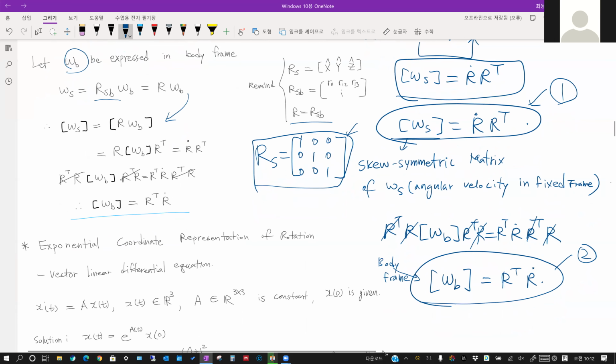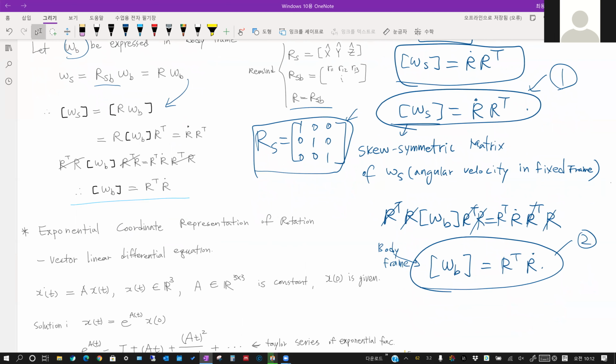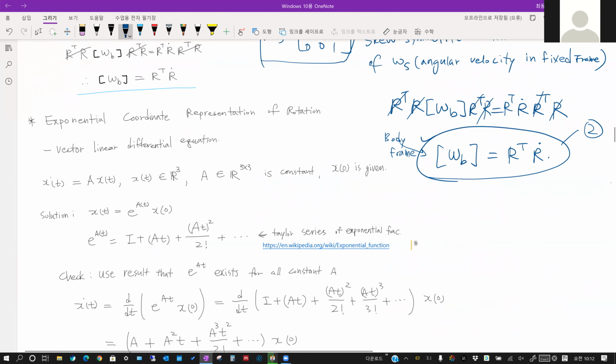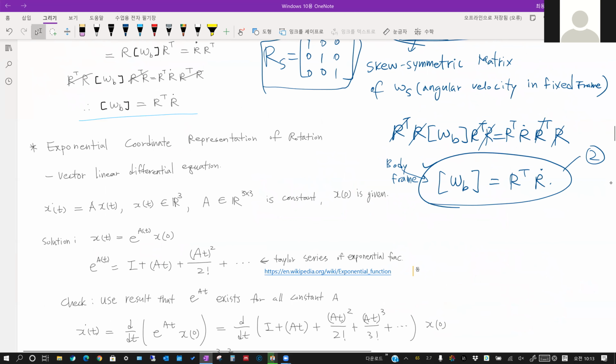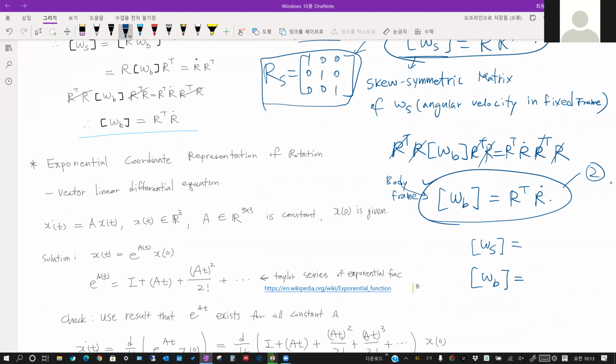So the important thing we learned in this class was firstly omega S and omega B, and how to calculate them. So the bracket of omega S is R dot R transpose, and this one is R transpose R dot.